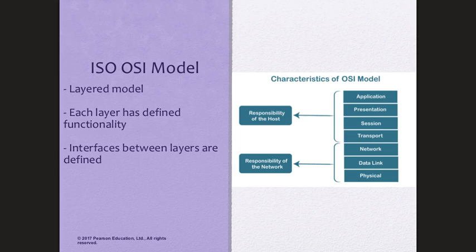The reason is from an engineering point of view: if you go for each one of those components, which is called a layer, and you define what functionalities need to be performed there, and what its interface is to the layer below it, if there is any, and its interface to the layer above it, if there is any, then you can get a group of engineers or developers to work on this without any need to talk to the other groups, because they know what function they need to do and what the output should look like. That's the interface to the upper layer.